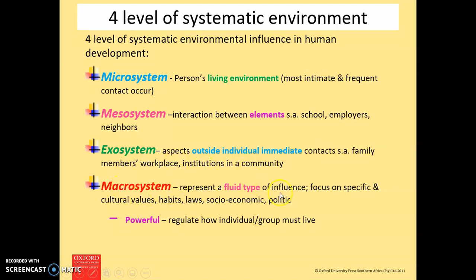Macro is more far away from close contacts. It includes culture, values, habits, laws, society, and so on. This macrosystem is very powerful in regulating how an individual or group would live. That means how we are going to live. We actually live based on this system.